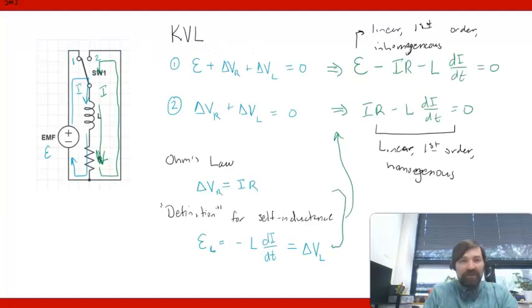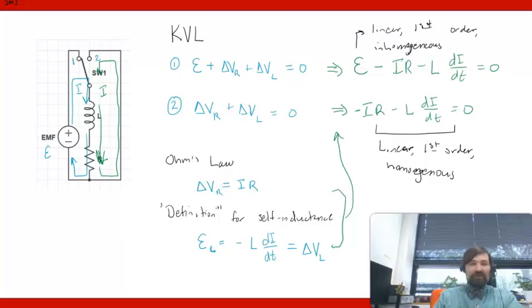I left off a little minus sign up here, unfortunately, but it should be the negative of the equation that I am looking for.